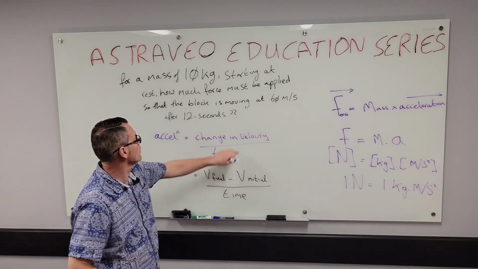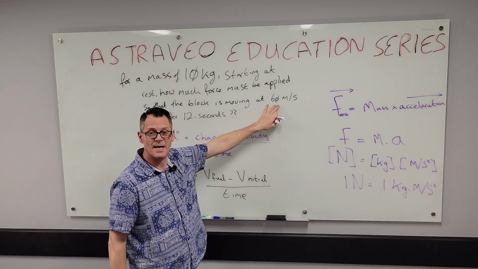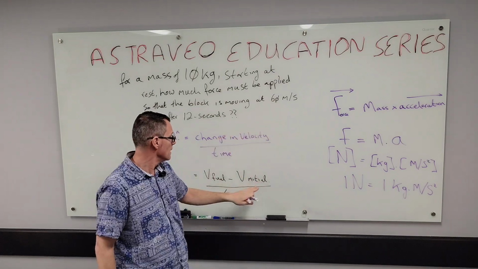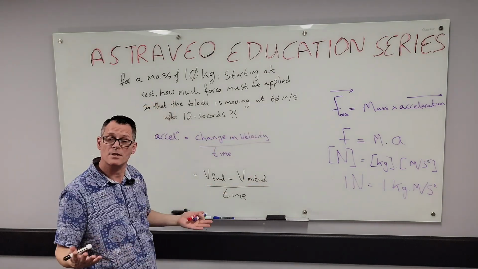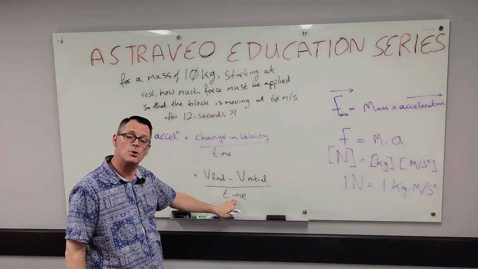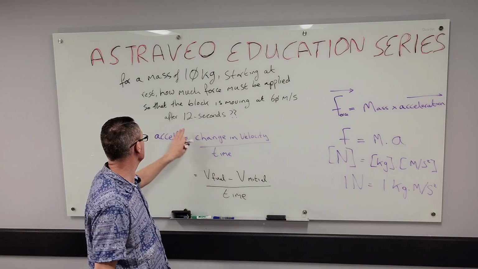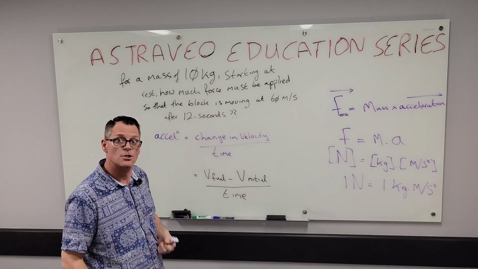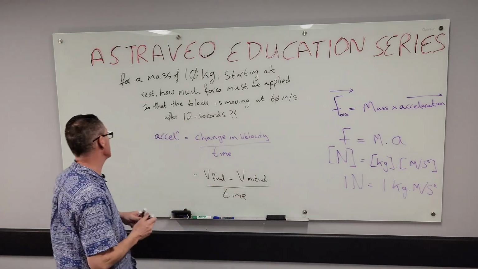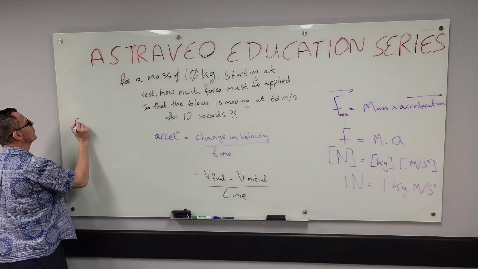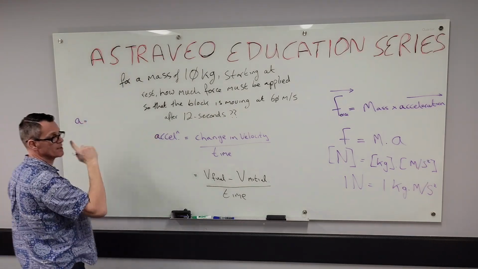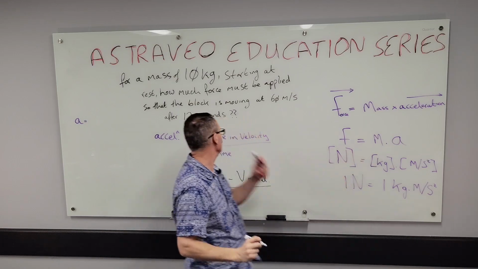We have a final velocity. We know the velocity after 12 seconds has to be 60 meters per second. The v initial was 0, it was at rest. And the time it took to do that velocity change is 12 seconds. So we are able to work out our acceleration. I'm going to use a, because a is directly going into F equals ma.